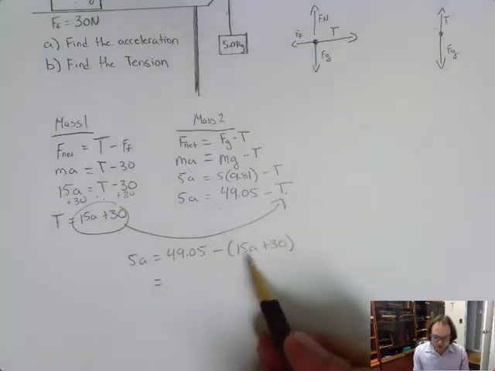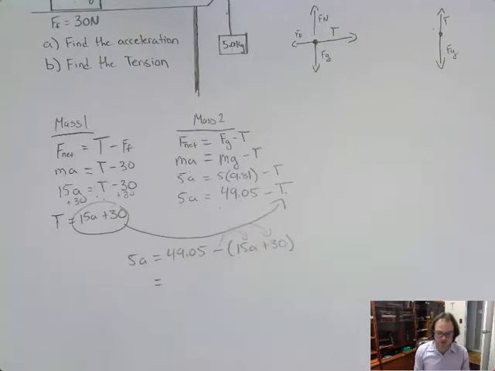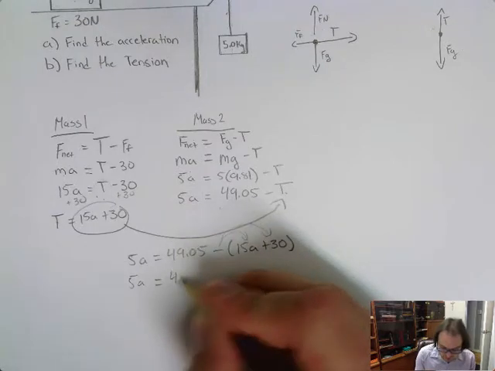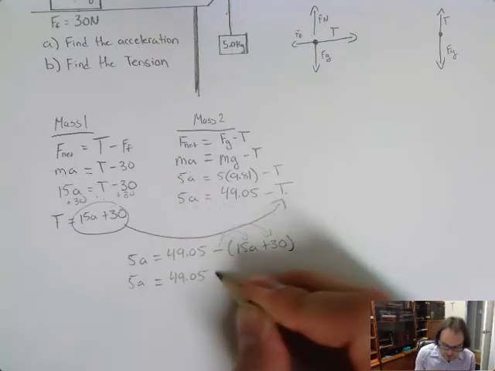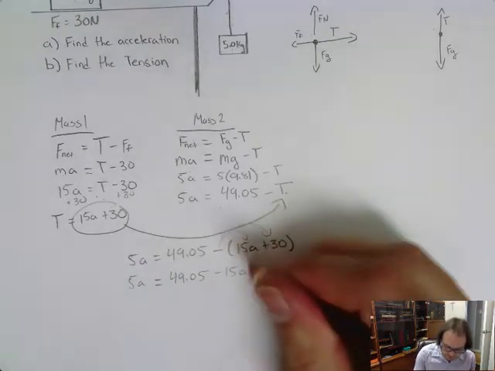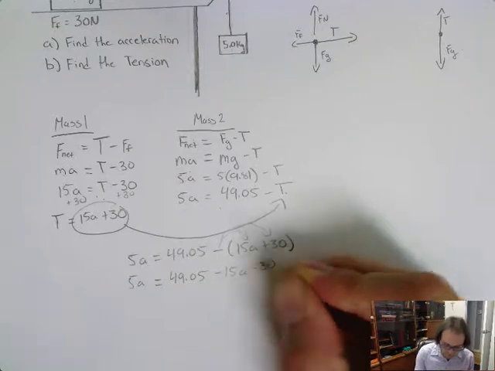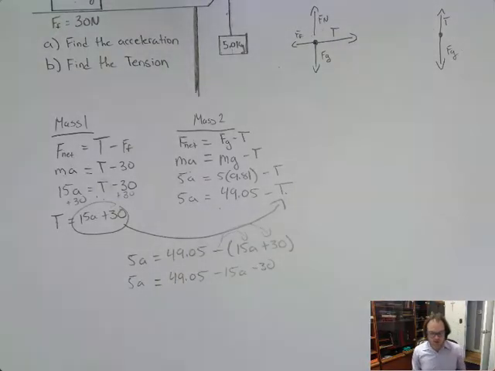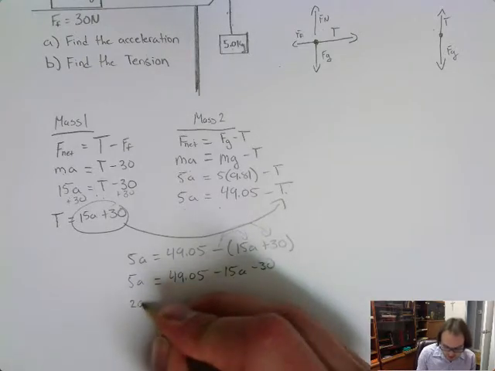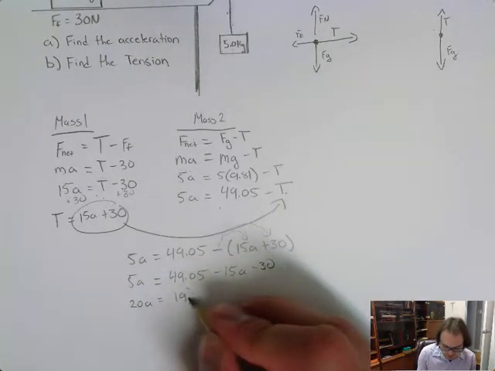I put those in brackets because we have to use our distributive property to apply that negative to both terms. So I'm going to have 5 times acceleration is equal to 49.05 minus 15 times acceleration, minus 30. Now we're going to solve this. I'm going to add 15a to both sides, so I'm going to get 20a. We're going to combine these numbers, which gives me 19.05.